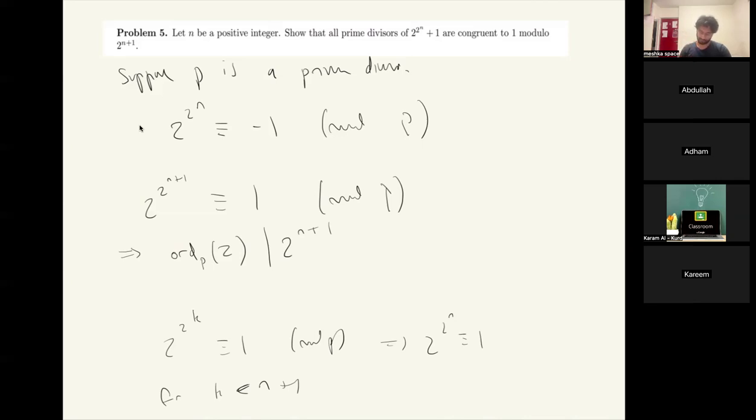So the problem is if the order was lower, it would be 2 to the k for some k less than n plus 1. Then I can raise to some power until I get this. Maybe a slightly simpler way of saying it: this statement told us that the order divides 2 to the n plus 1.